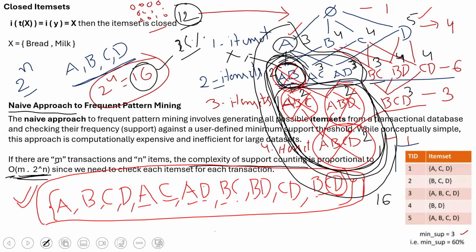So now how much time have you saved? Let's suppose for 16 cases you're taking 1 hour, or 60 minutes. For 12 cases, how much time would you take? It is 12 into 60 by 16, right?